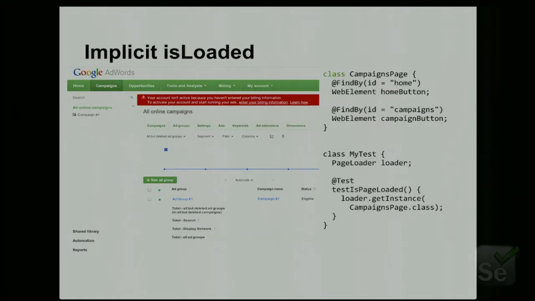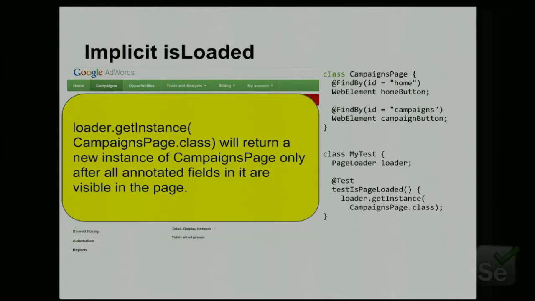I actually don't have to extend or implement any existing interface with them either, which is another advantage. And when you do something like loader.getInstance campaigns page class there, it won't return until it's been able to find all of the elements and they're actually visible in the page that have been defined there.